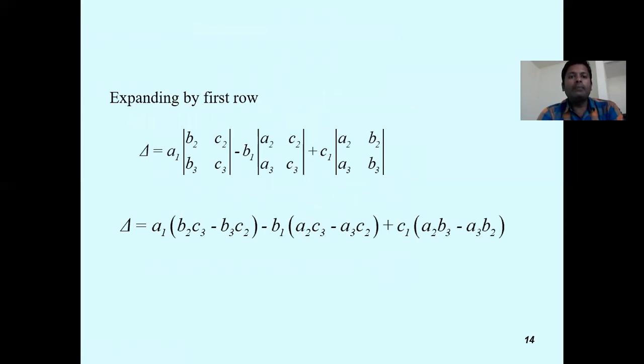Delta is equal to A1 into (B2 C3 minus B3 C2), minus B1 into (A2 C3 minus C2 A3), plus C1 into (A2 B3 minus A3 B2).